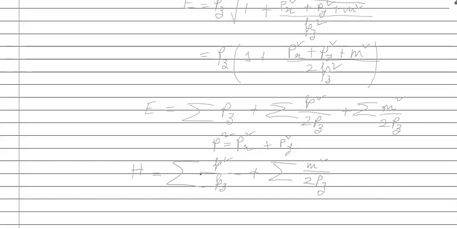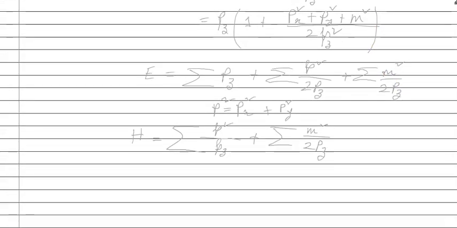Do you remember your quantum mechanics? In quantum mechanics, friends, you must remember i ħ ∂ψ/∂t equals Hψ. You can write it this way: H equals (p squared plus m squared) over 2 p_z.